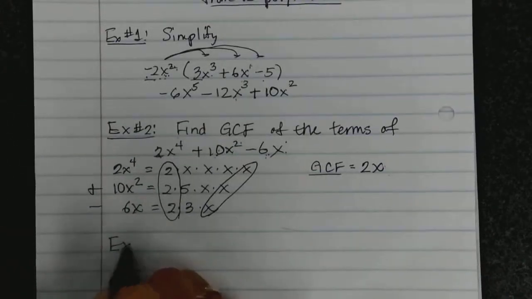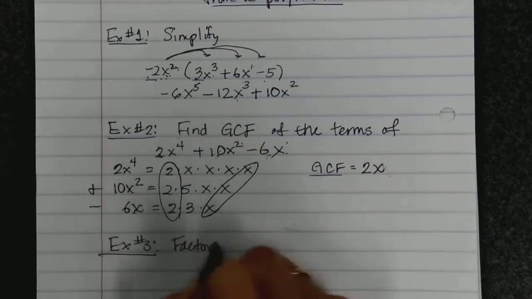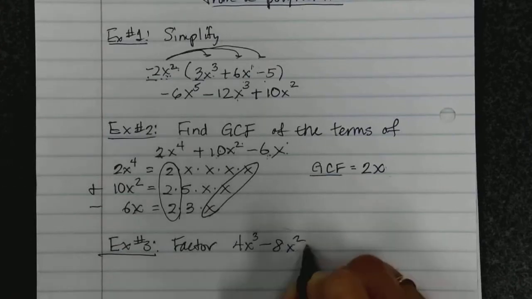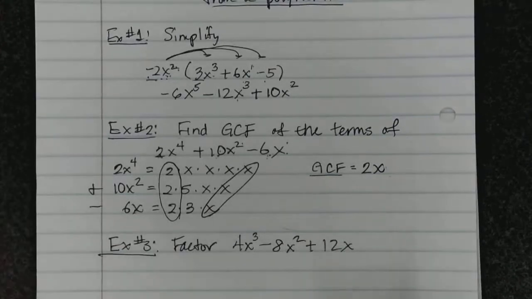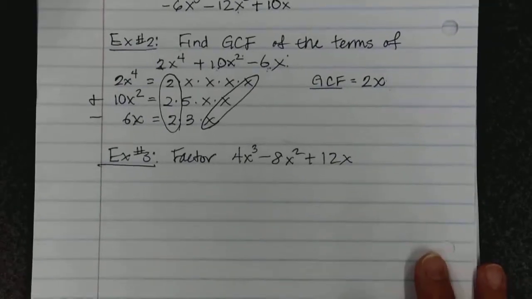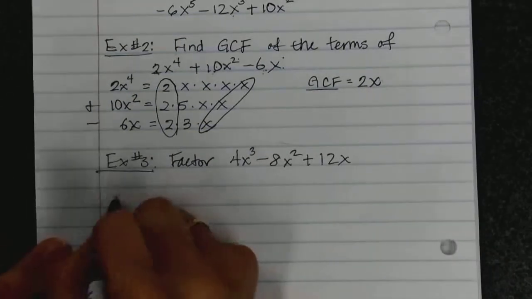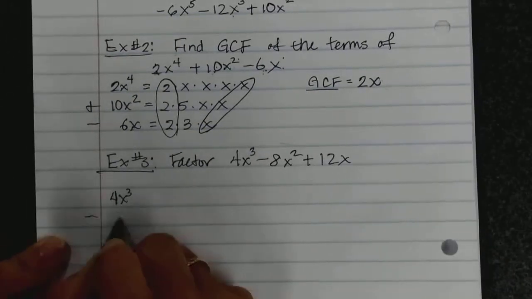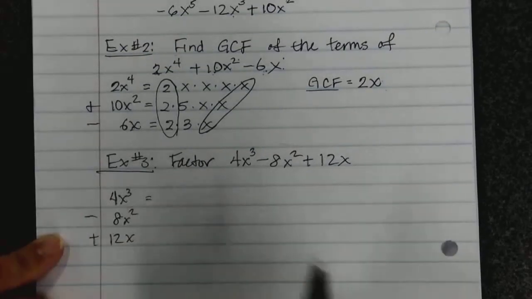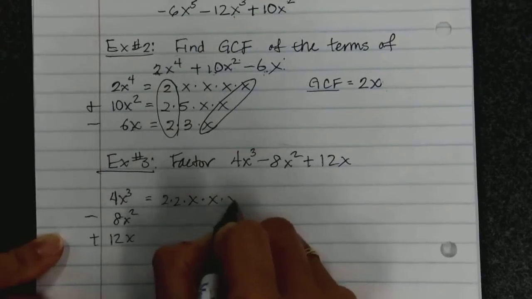We're going to factor 4x to the 3rd minus 8x squared plus 12x. So we're going to do the same thing again like in example number 2. We're going to break it all down. 4x cubed breaks down to 2 times 2 times x times x times x.